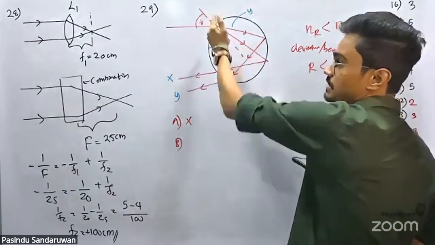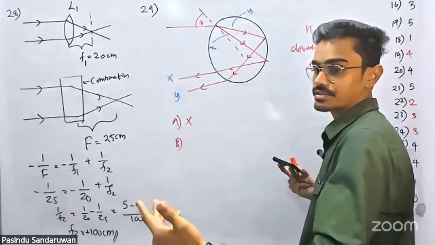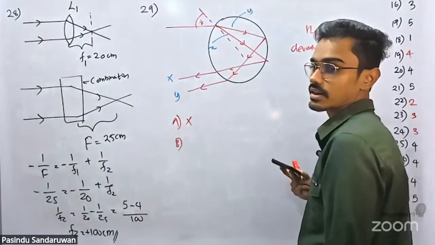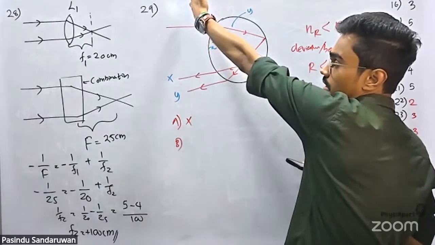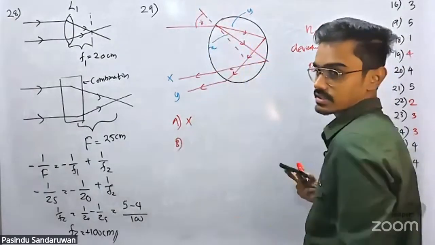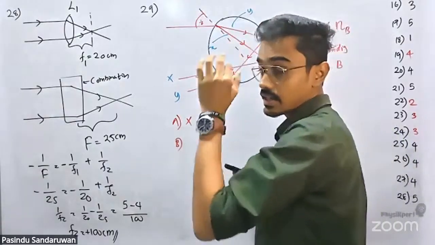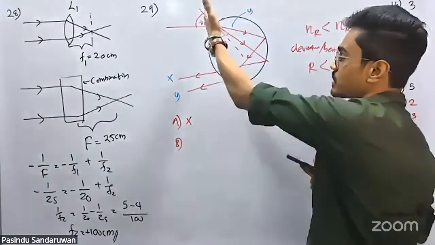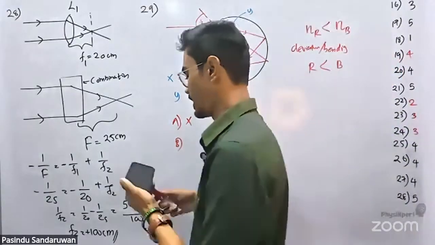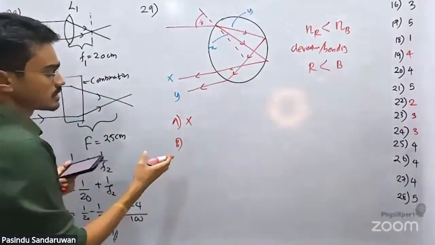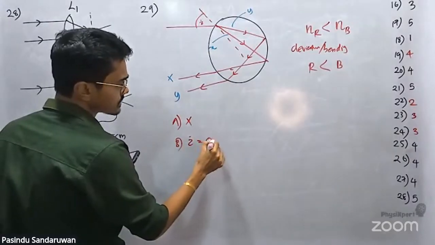Let's say i starts from 0. All values include 0. If i is 0, nothing happens because the ray goes through the center, with no refraction. So at 0 it is contradictory. It holds only for some values, so B is wrong.